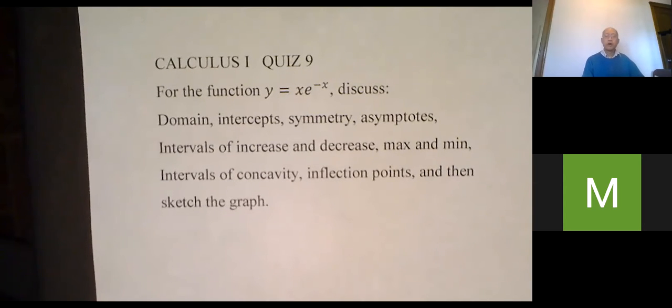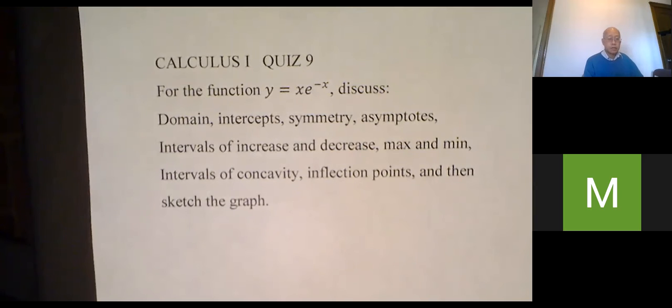The function is y equals x e to the negative x, and discuss everything that was from section 5: domain, intercepts, symmetry, asymptotes, intervals of increase and decrease, max and min, intervals of concavity, inflection points, and then use that information to sketch the graph.